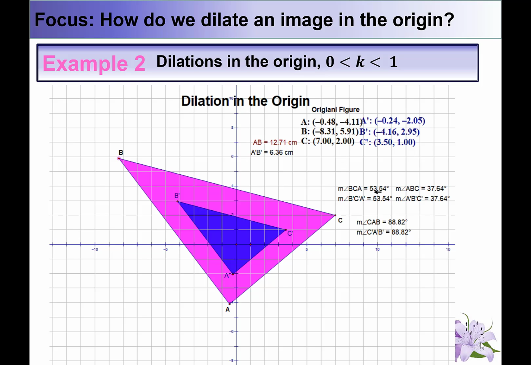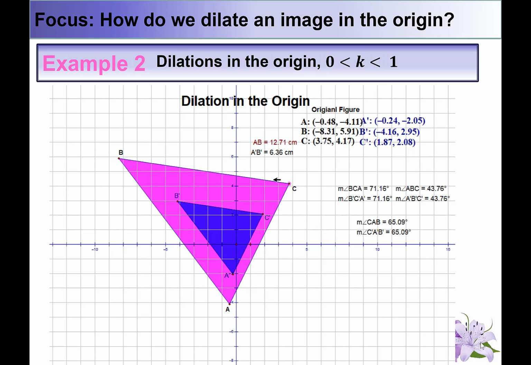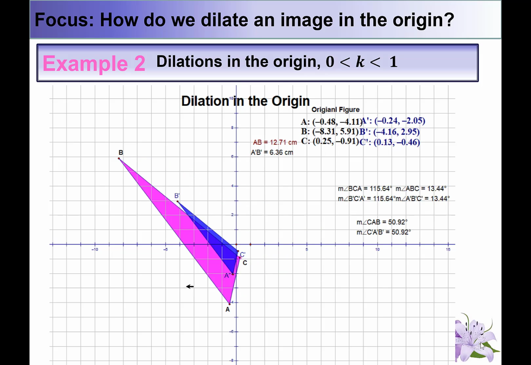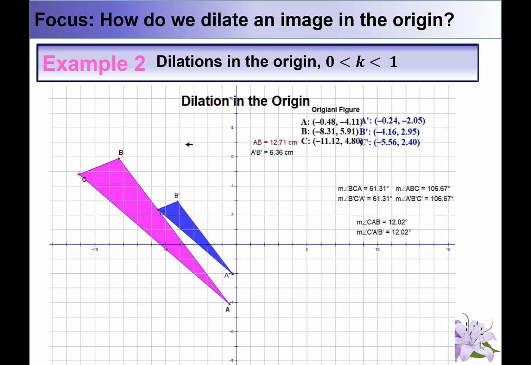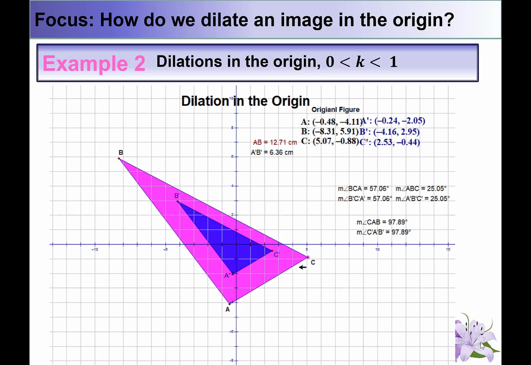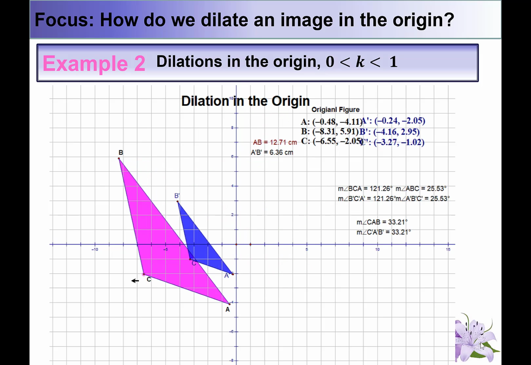But notice the angles of the triangle are still going to be the same no matter where I move these coordinates to, because they are similar triangles. The original triangle and the dilated triangle, the angles are going to be the same. The side lengths are going to be different, but all of the angles are going to be the same. And that's no matter where I move any of these coordinates, we can move them all about. And those measurements are going to stay the same.